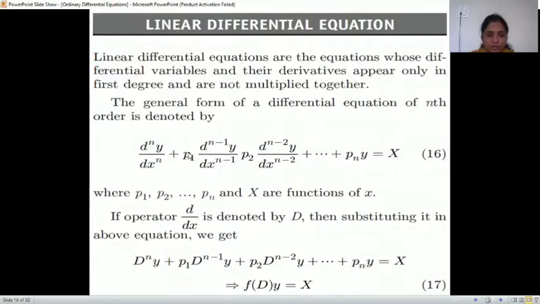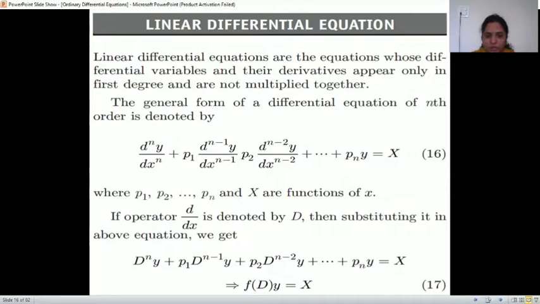Throughout solving these equations, we will substitute d by dx as capital D, right? So the equation will become the nth derivative of y, and for that we write a function of D, f of D, into y equal to X. In our class we have written phi(D)y equal to f of x.